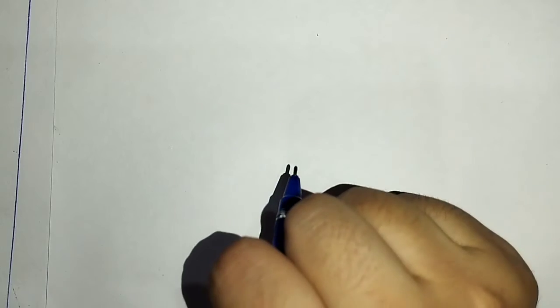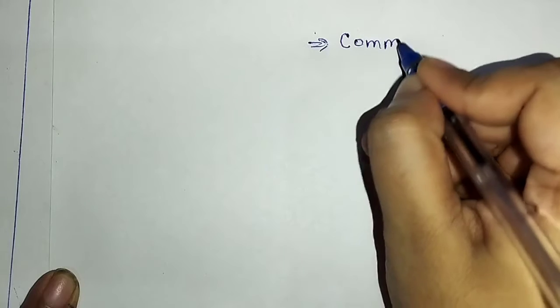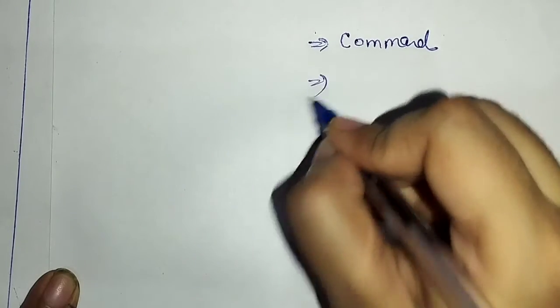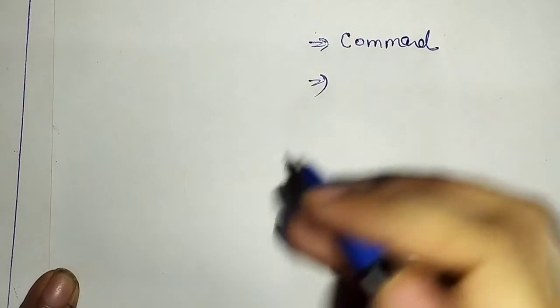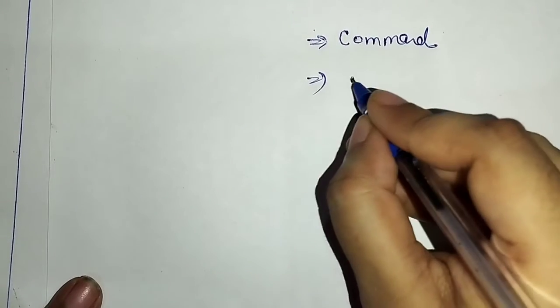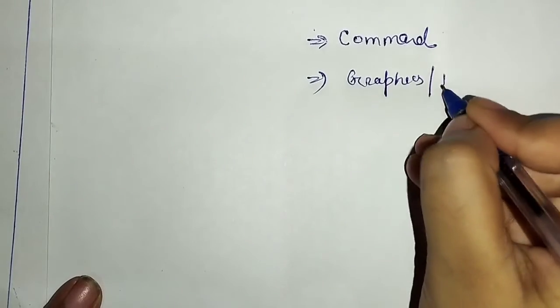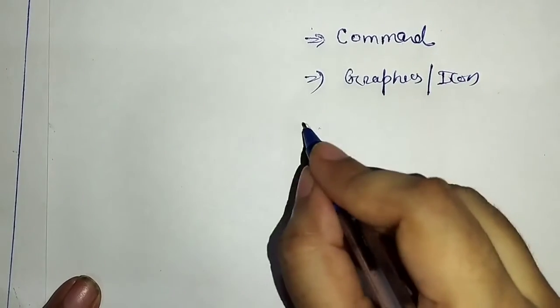So these are the 5 interfaces which are used by the operating system. The first interface in which we interact with the computer using command. In the second interface, we interact with the computer, laptop and mobile phone using graphics or by clicking on icon.